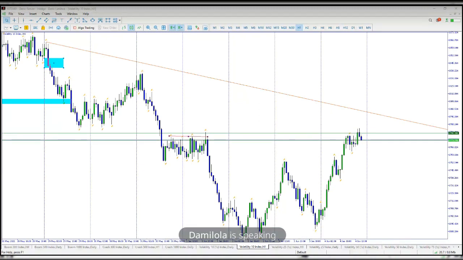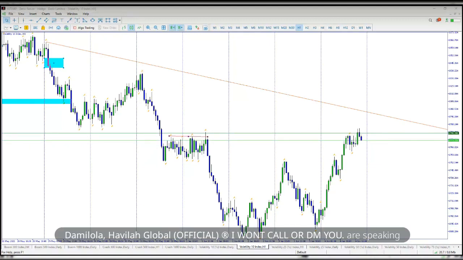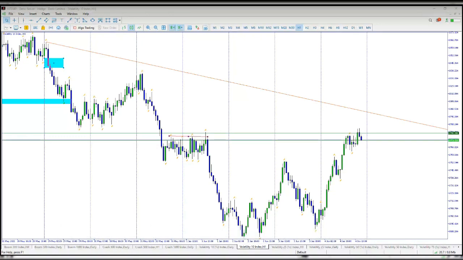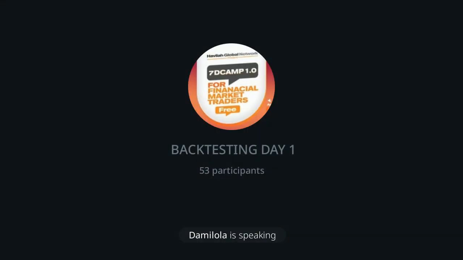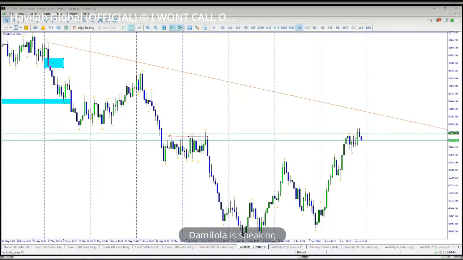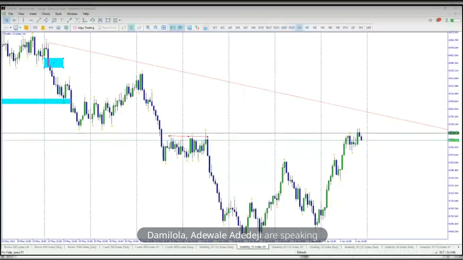Before you take a trade on any time frame, the very first thing you should do to ascertain that the structural point you are looking at is not an internal liquidity is to go to a time frame higher than your current time frame. So if this is H1, before I play that structural point, I will go to H4 to see the actual range on H4.